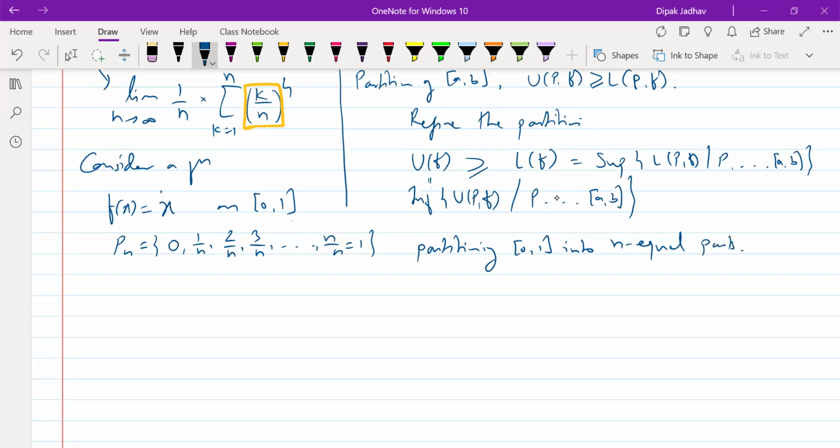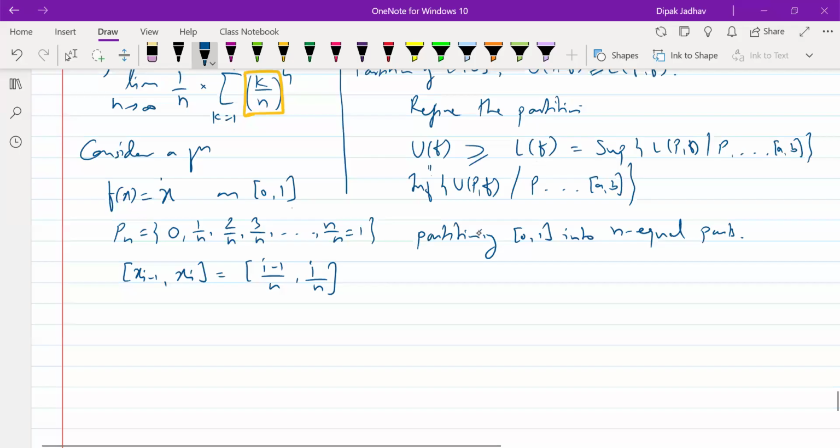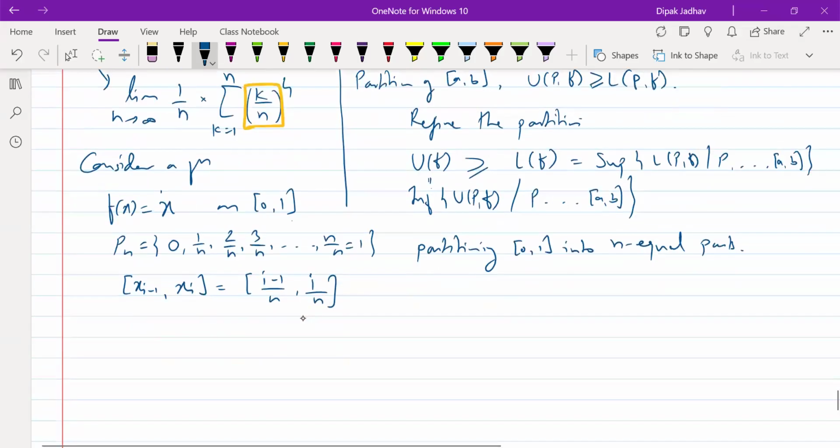So your ith subinterval is x_{i-1} comma x_i, that's nothing but (i minus 1) by n comma i by n. That's the ith subinterval. What I'm trying to do is construct the upper Riemann sum for this function on this interval with respect to this partition. Is it okay?